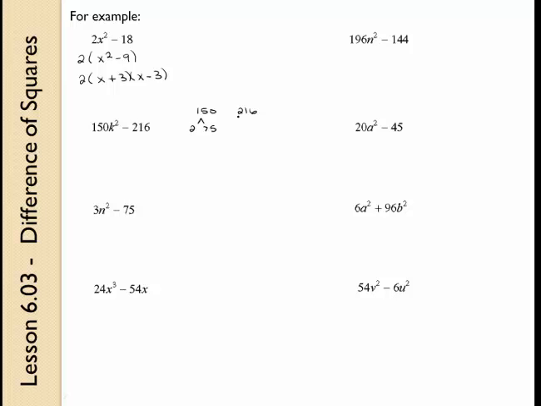150 is 2 times 75, 75 is 3 times 25, and 25 is 5 times 5. 216 is 2 times 108, which is 2 times 54, which is 6 times 9, which is 3 times 3.